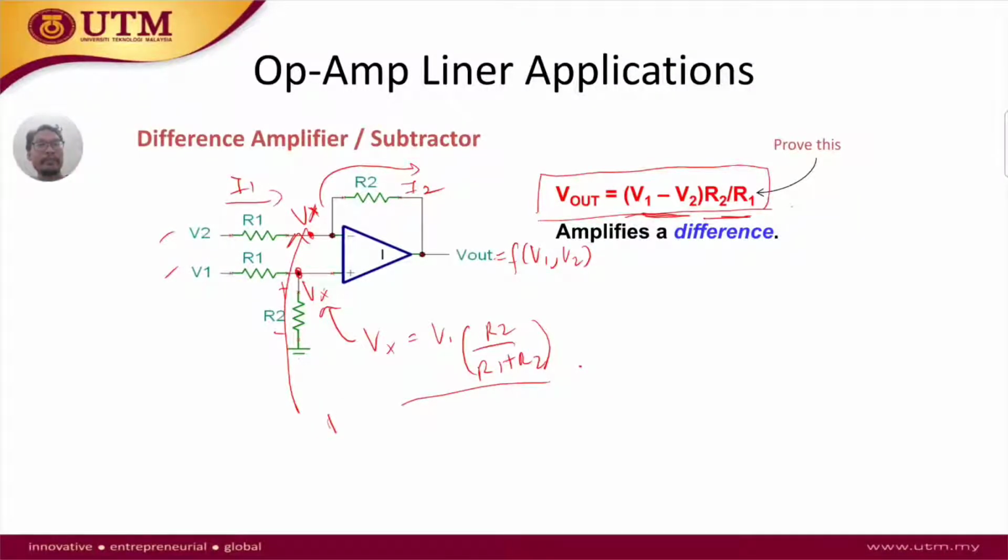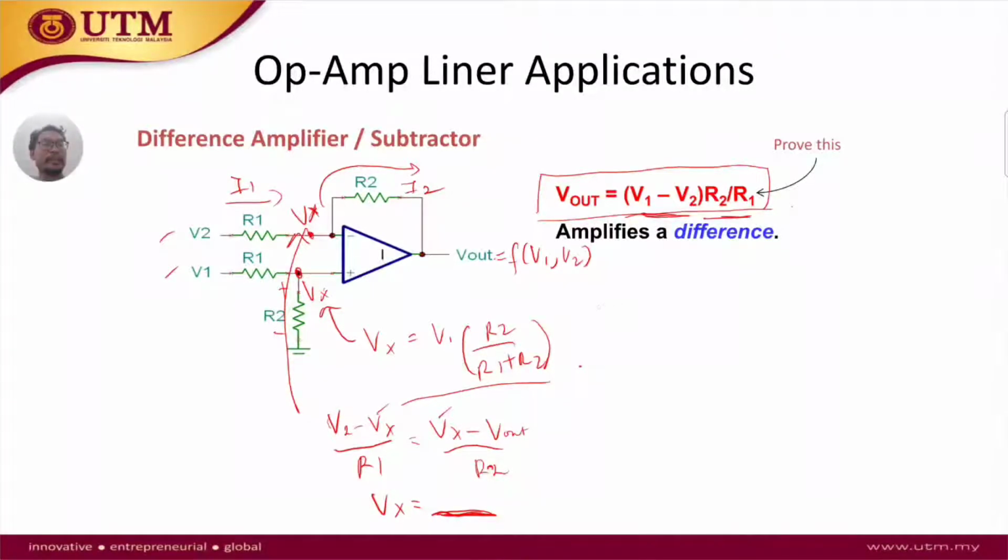Therefore we have V2 minus Vx over R1 is equal to Vx minus Vout over R2. Here we can derive Vx in terms of Vout, V2 and R1.